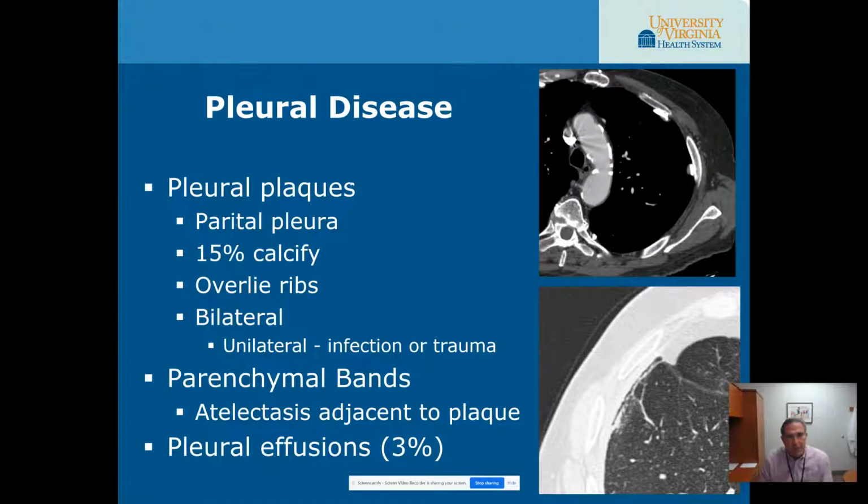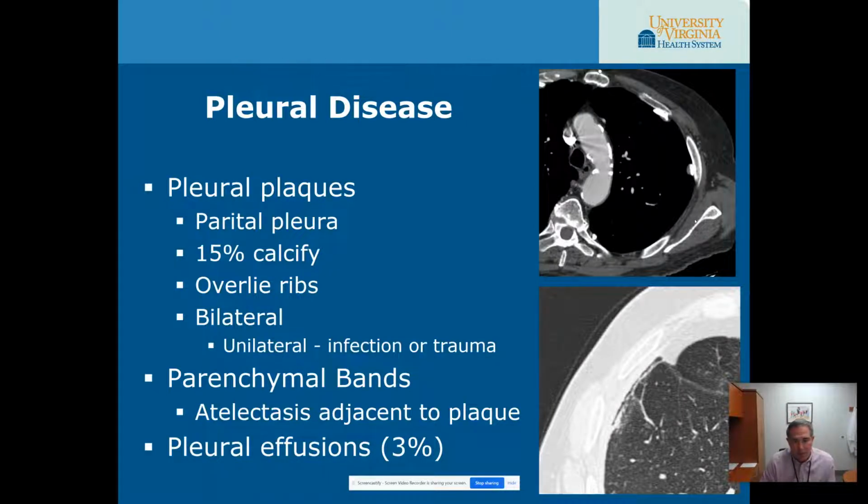A couple of test questions can come up with these pleural plaques. They can ask you if it's on the parietal or visceral pleura. The plaques are on the parietal pleura. You can remember PPP. They do calcify. They tend to overlie the ribs. They're bilateral.